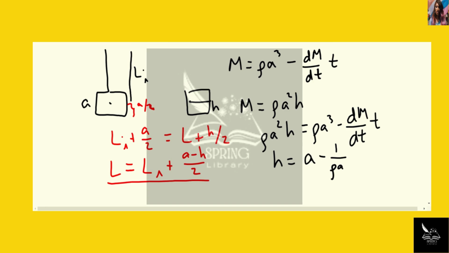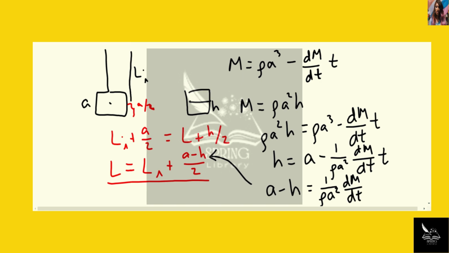All right, so that just leaves me an A here, and it's minus 1 over rho A squared times dm dt times T. And again, I want an A minus H because I know that's what's going to end up going over there. So you do that correctly, you get 1 over rho A squared dm dt times T. So that's the thing I'm going to keep.